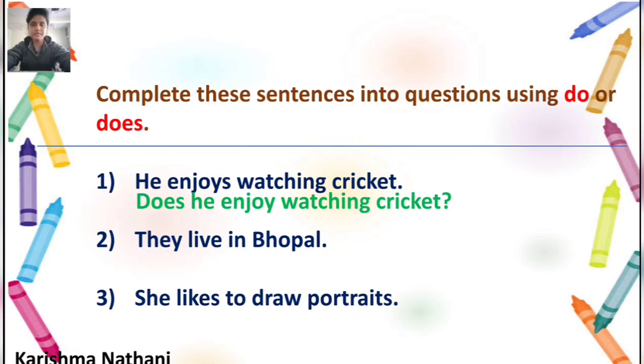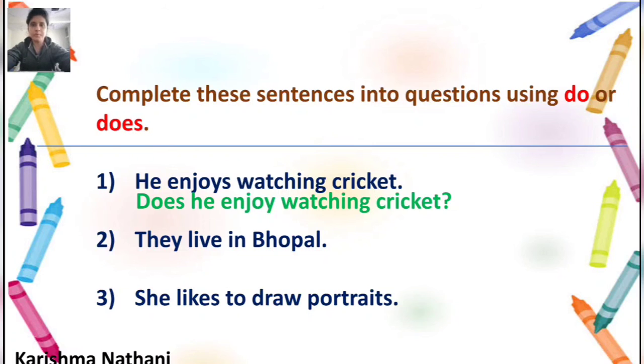Question mark. He is a singular noun, so in a questioning sentence we have to put does at the first position. Does he enjoys, to enjoy, because we are using does, we have to remove s from the enjoy, so only enjoy. Does he enjoy watching cricket? And question mark is compulsory because it is a questioning sentence.